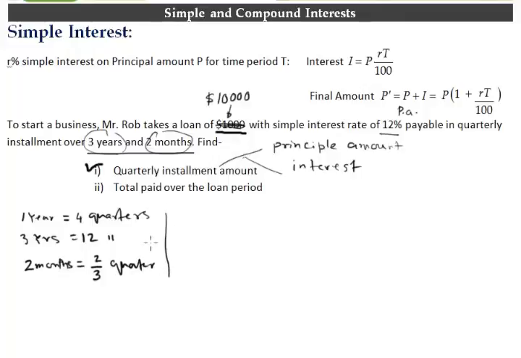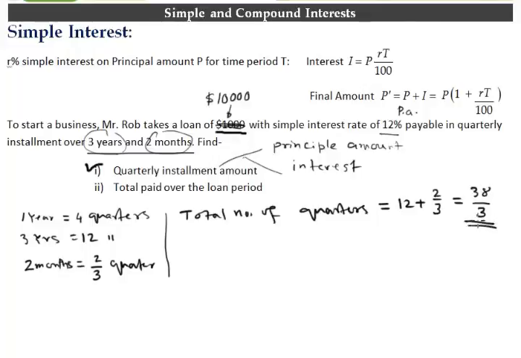So the total number of quarters in the loan's lifetime will be 12 plus 2/3, which is 3 times 12, 36, plus 2, so it will be 38 divided by 3. So this many quarters will be there to repay this loan.